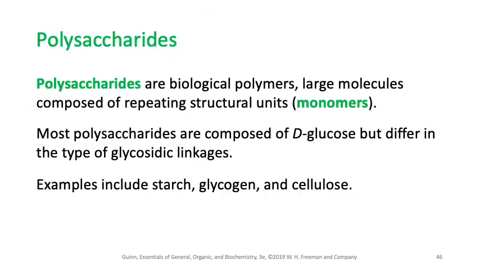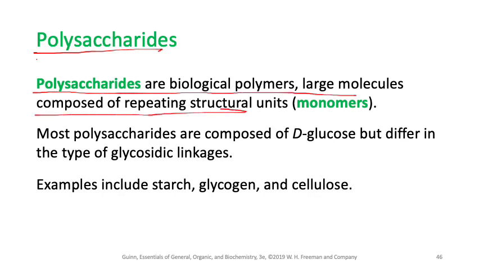Now let's talk about the last kind of carbohydrate, which is a polysaccharide. As we already learned before, polysaccharides are biological polymers, large molecules composed of repeating structural units called monomers, or made up of different monosaccharides, right? Most polysaccharides are composed of D-glucose but differ in the type of glycosidic linkage.